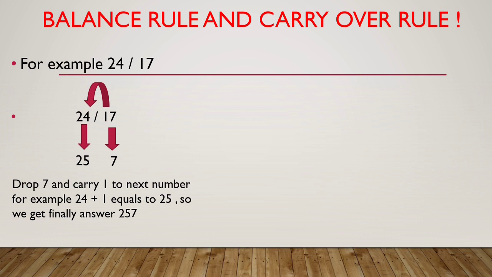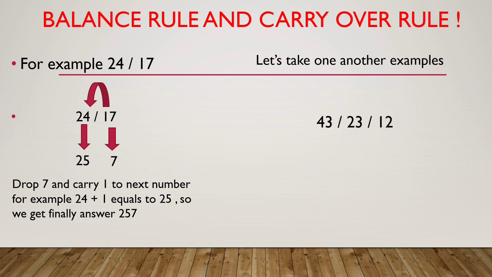Now this was a double digit carryover rule. Now we are going to take the triple digits carryover rule. So let's take another example of 43, 23 and 12. Now you are thinking why this 43, 23 and 12 comes and how we can use it in our maths.